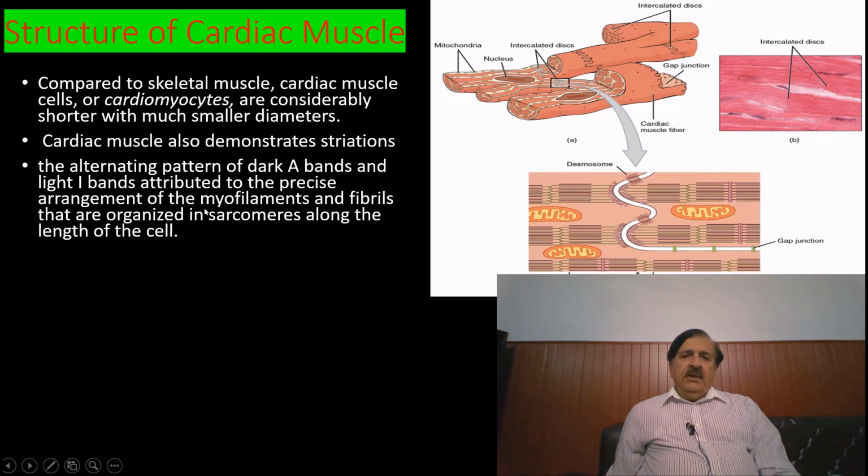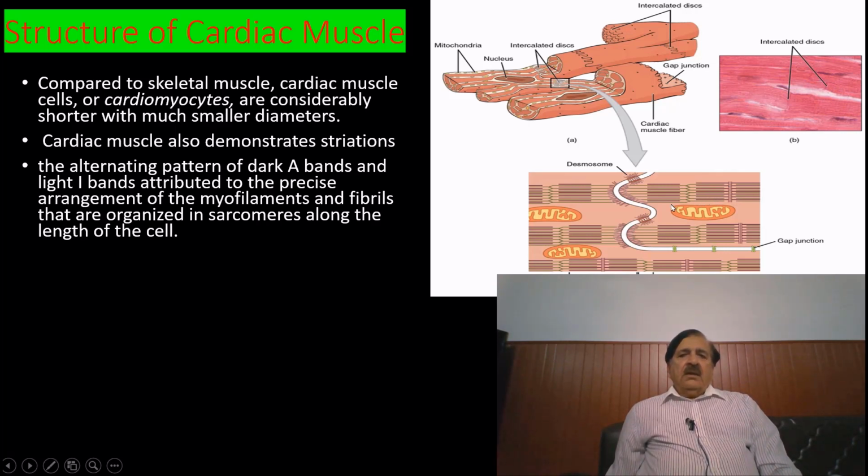The alternating pattern of dark A band and light I band is attributed to the precise arrangement of the myofilaments and fibrils that are organized in sarcomeres along the length of the cell. What is a sarcomere? A sarcomere is the space between two Z lines.